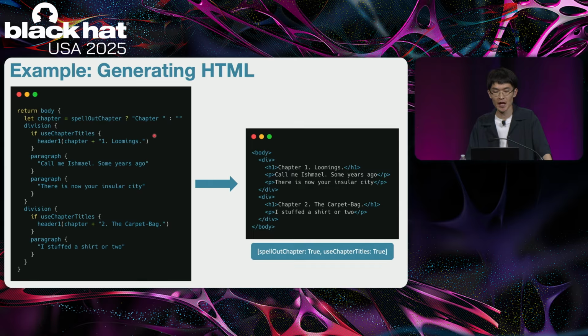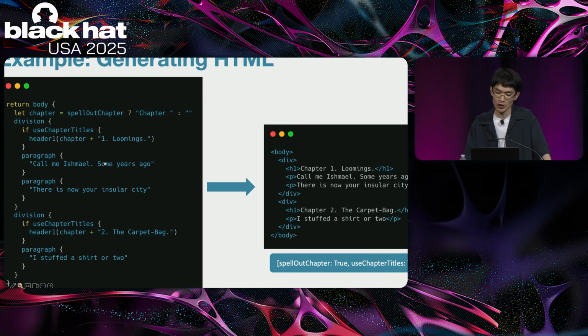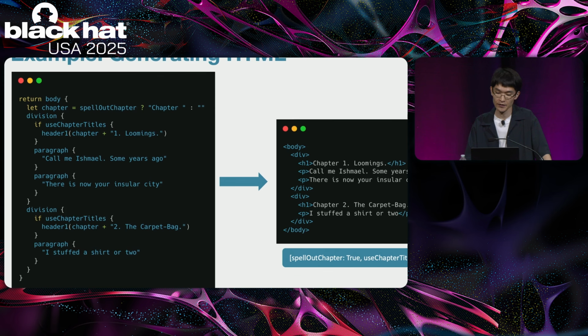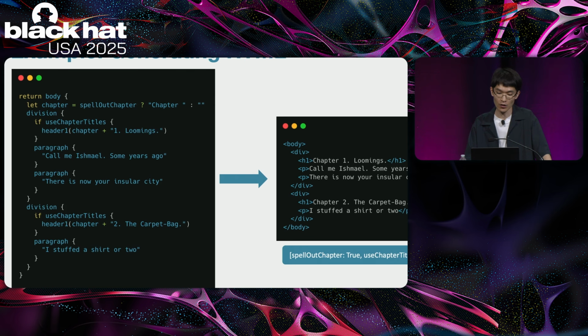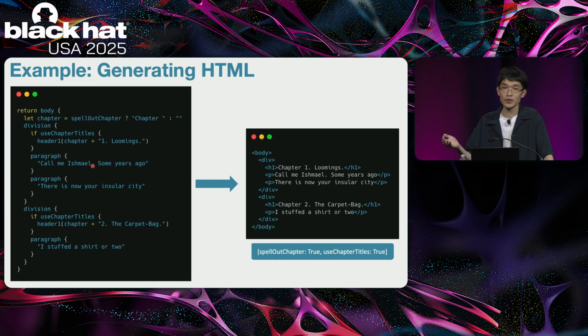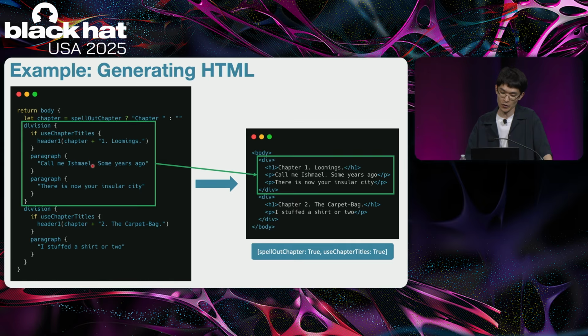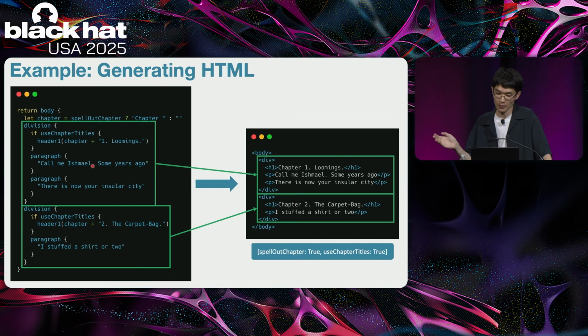Now here's the same example, but this time it's implemented using the DSL provided by result builders. It's much more readable. You don't need to declare unnecessary intermediate variables. Also, the structure of the generated HTML is clearly reflected in Swift code. These two blocks directly correspond to the two div elements.